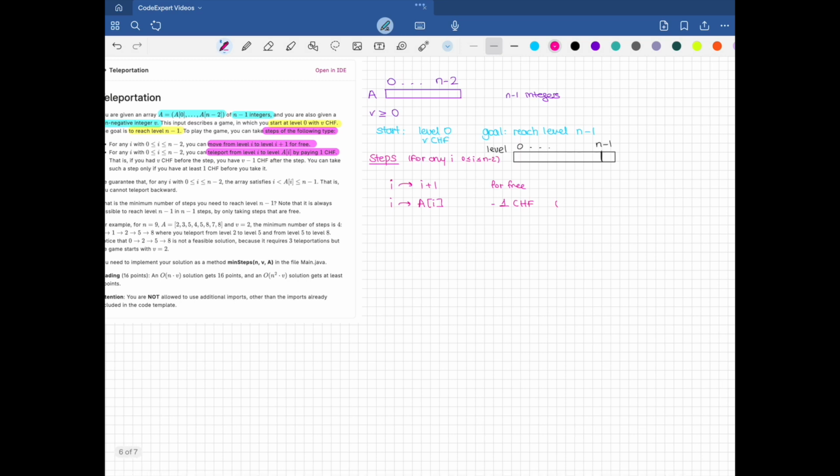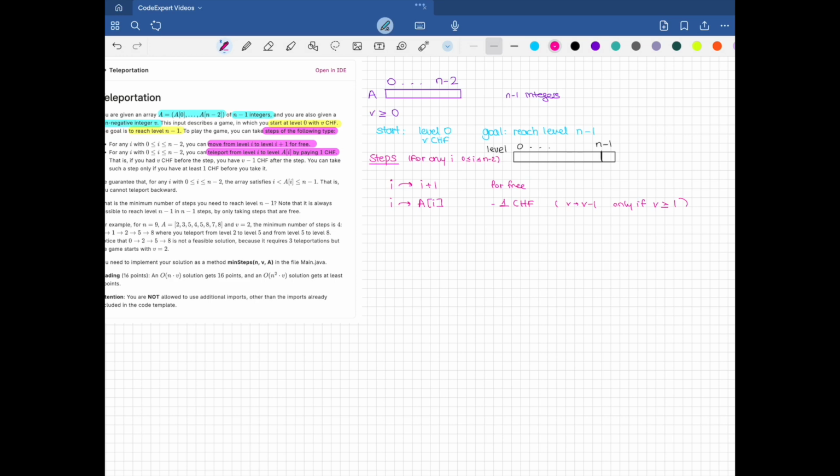So if you had V before your step, then that V becomes V minus 1. And you can take such a step only if V is at least 1 before you take it. Sounds plausible because you can't pay 0 francs.